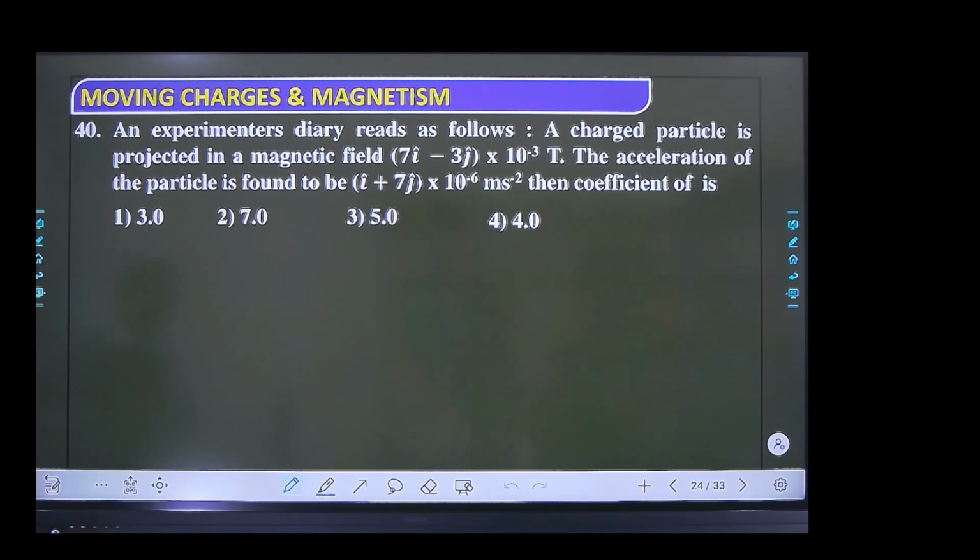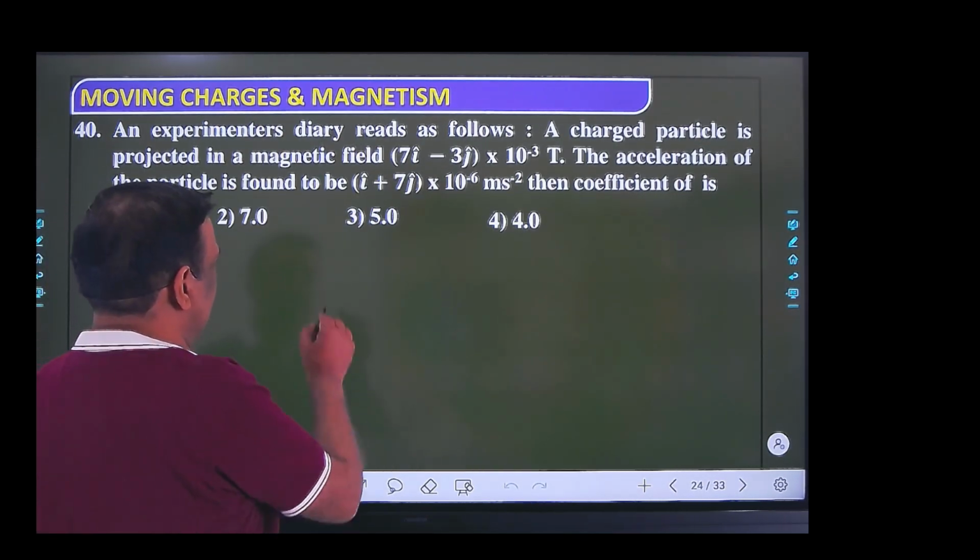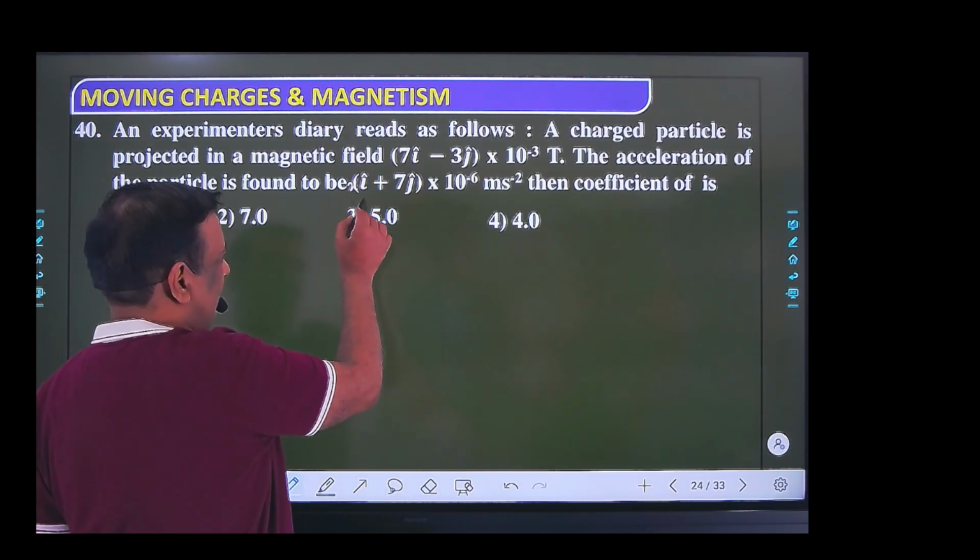An experimental diary reads as follows: a charged particle is projected in magnetic field 7i minus 3j and its acceleration is xi plus 7j. This is an NCERT question शायद. Something is missing in it. एक वैल्यू मिसिंग है क्योंकि यहाँ पे x था, x i plus 7j.